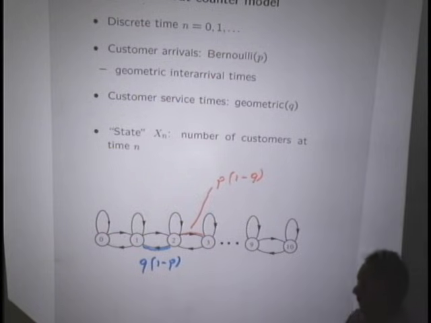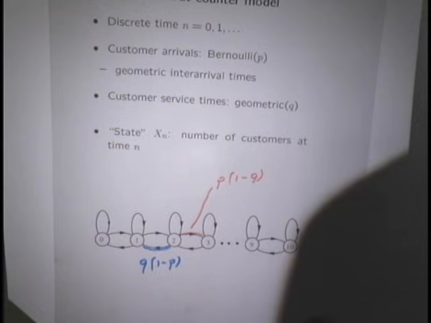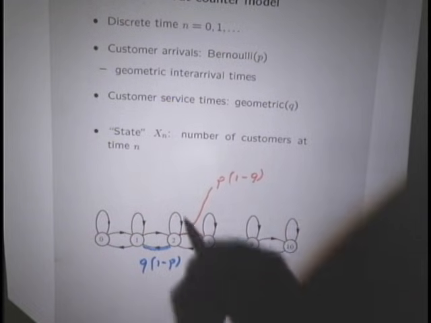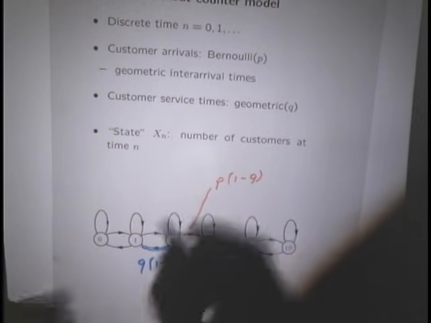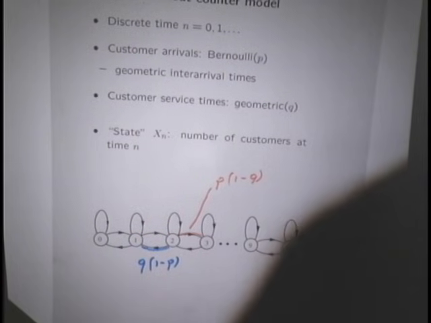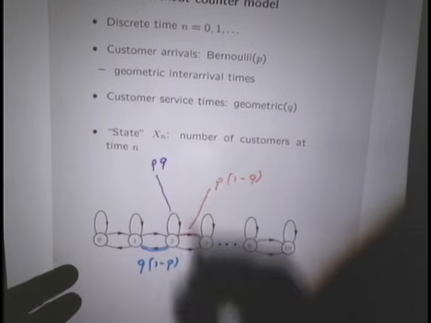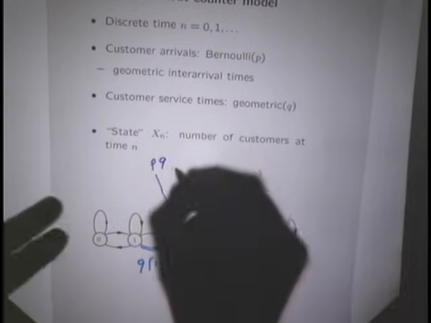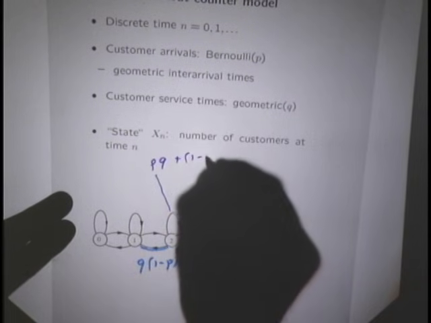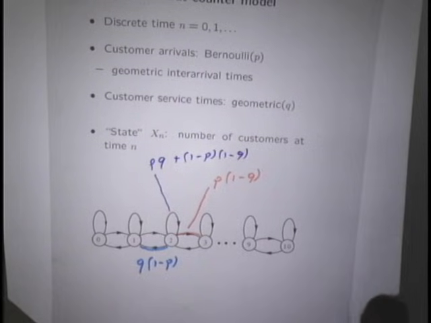And so the probability of that particular transition is this number. And then finally, the probability that we stay in the same state. This can happen in 2 possible ways. One way is that we have an arrival and a departure simultaneously. And the other possibility is that we have no arrival and no departure, so that the state stays the same.